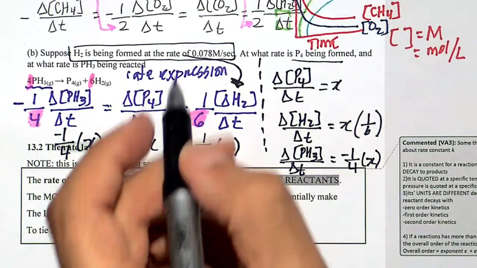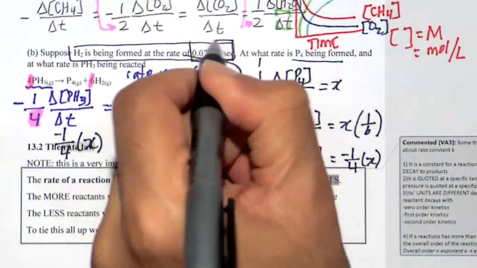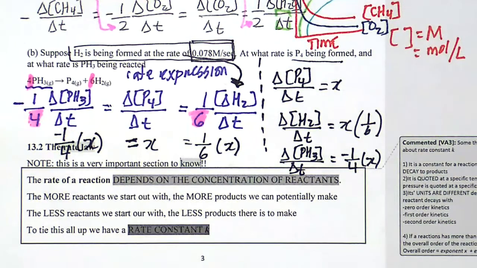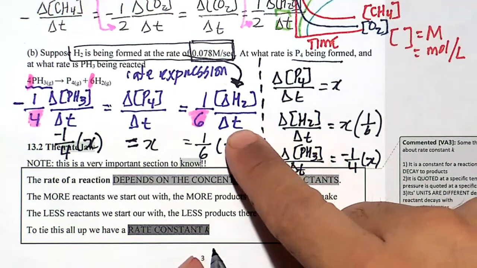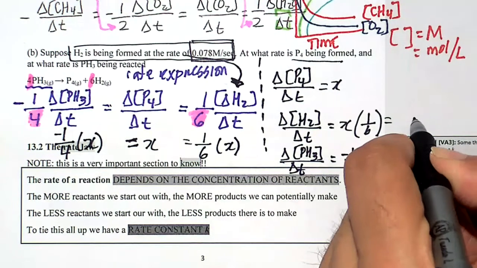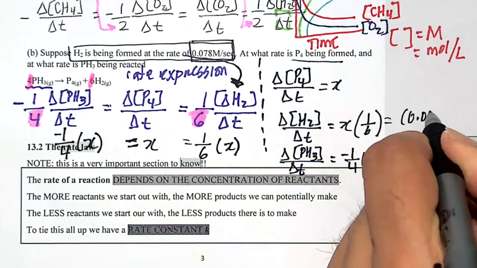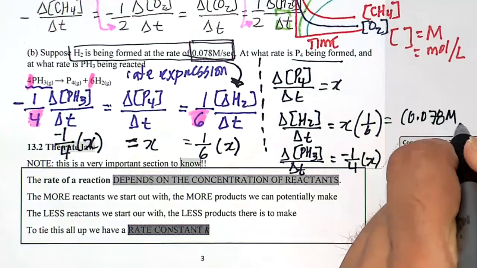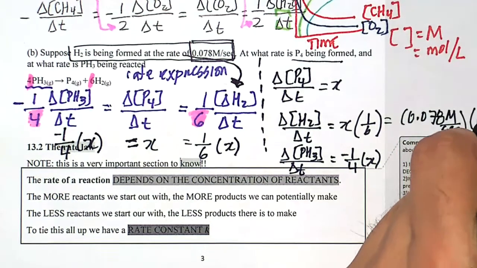All right, so here they tell us X is 0.078 molar over seconds. So H2 over time is going to be 0.078 big M over seconds times 1/6.